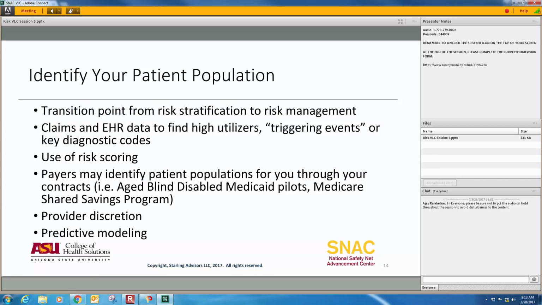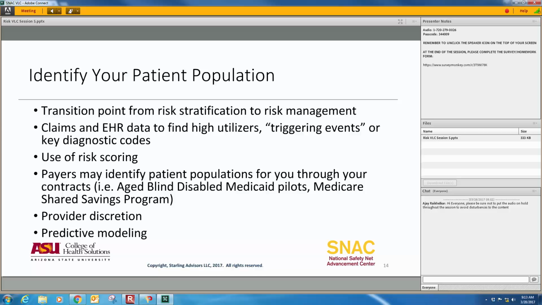So, identifying your patient populations. During the course of this learning collaborative, we've talked a lot about how important it is to be able to identify the patients that are a high priority to the payers, and identify patients that are going to be targeted for our various strategies.